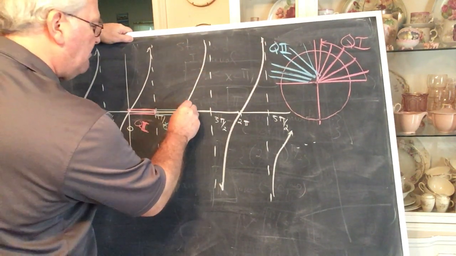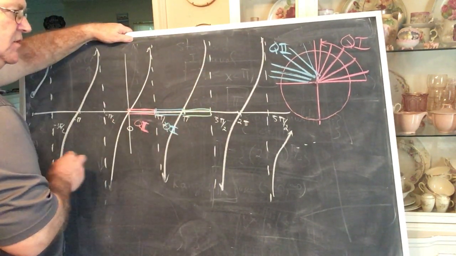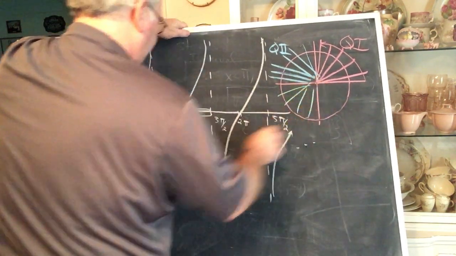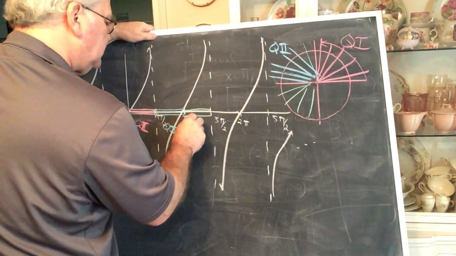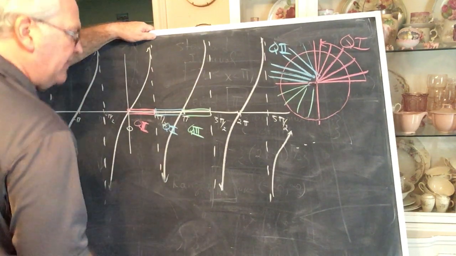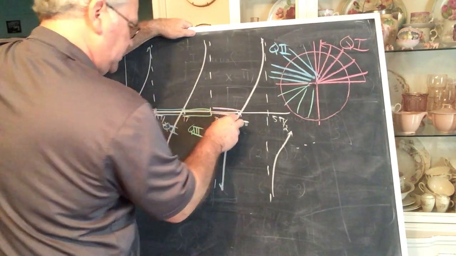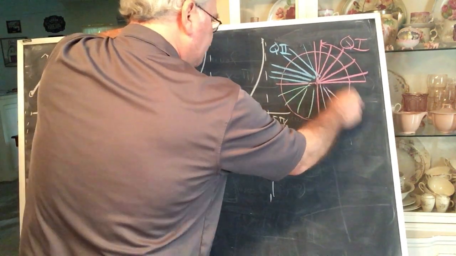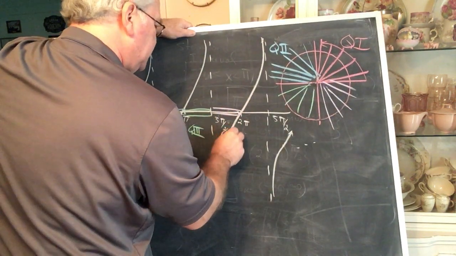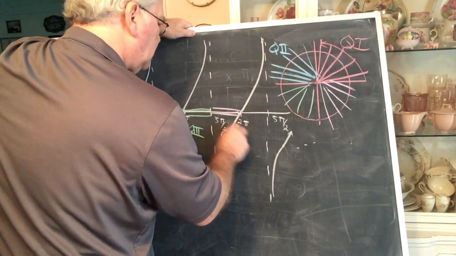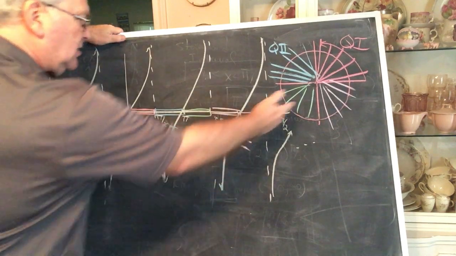From pi to 3 pi over 2, that corresponds to quadrant 3 angles. And then finally, from 3 pi over 2 to 2 pi, that corresponds to quadrant 4 angles. And then the cycle repeats.